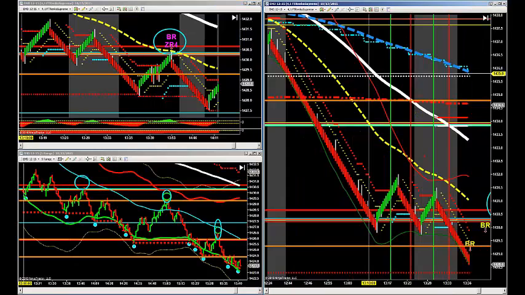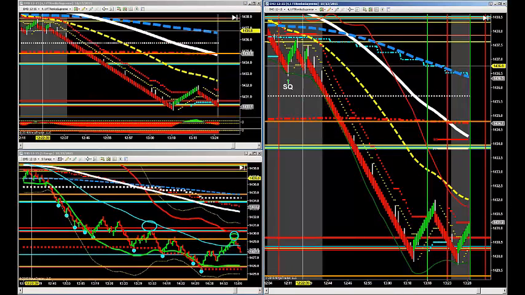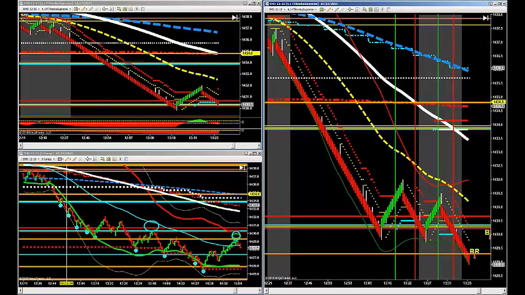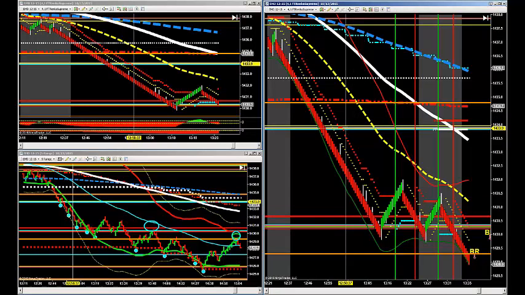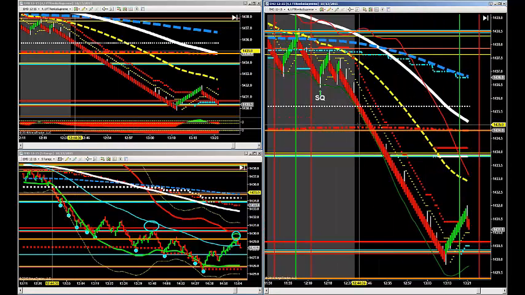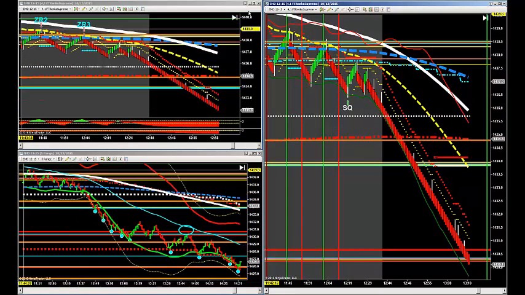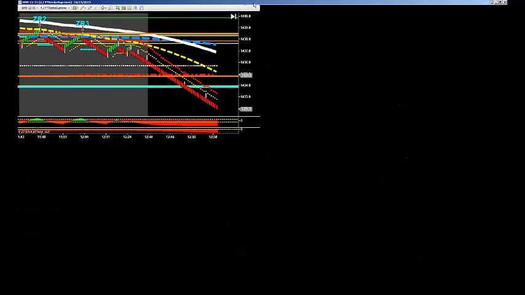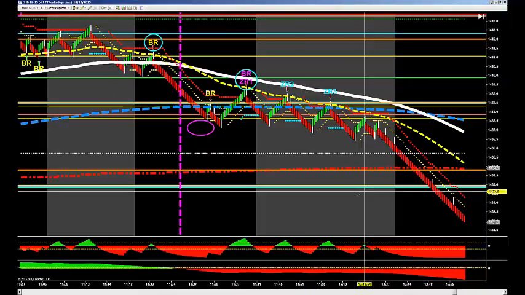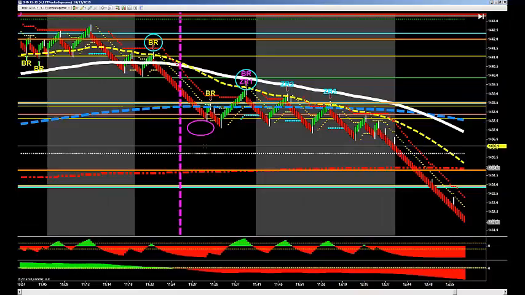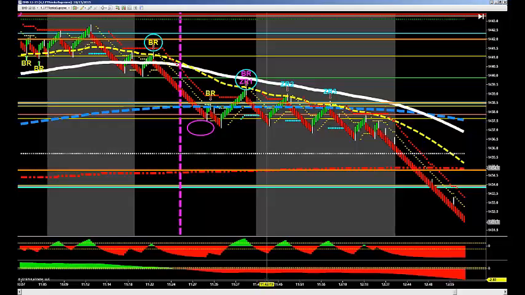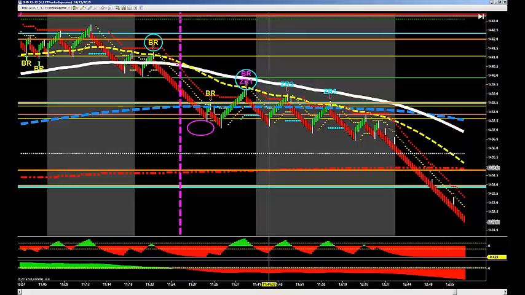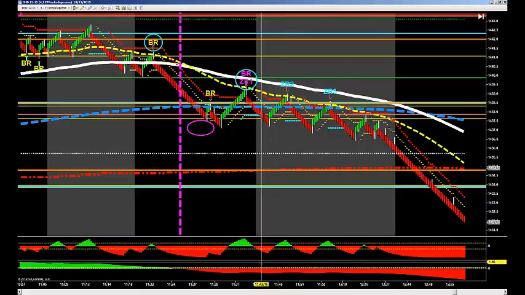Now, why did I use EMD and why did I use this size chart? I happen to trade EMD. I like it. Gee, does it work on crude oil? It works on any chart, any time frame. Really, the only thing you need to do differently, if you change to a different market, a different time frame, so you just fall in love with crude oil on a 9.3, you're going to have to change your thresholds and your settings on your MACDs because they're going to calculate very differently on a different market.